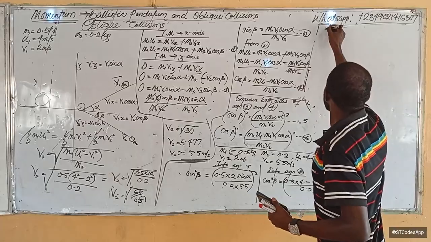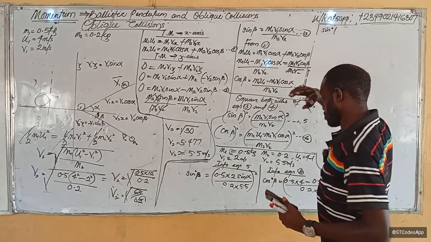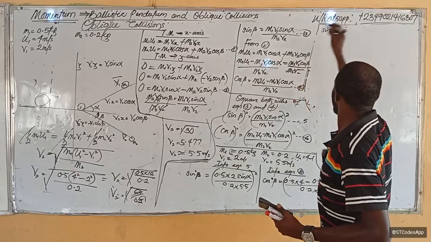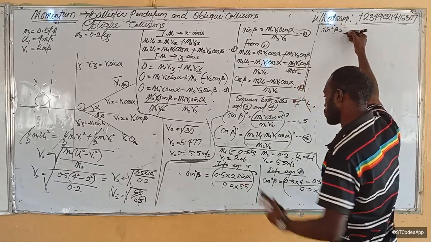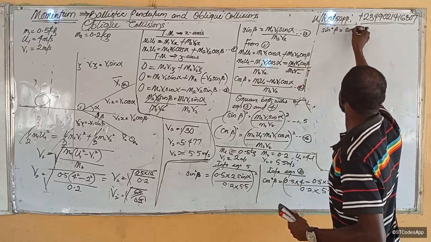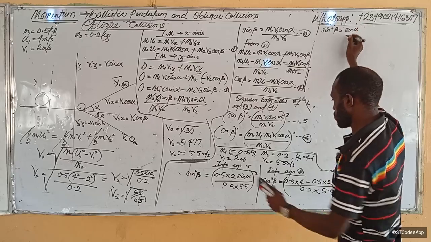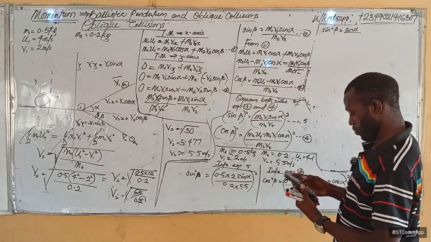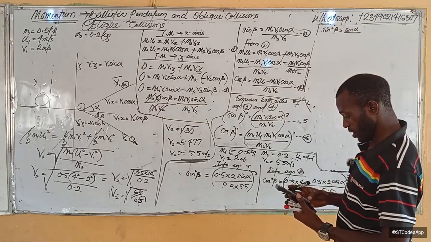So that one becomes sine squared beta equal to 1 sine alpha over 5.5 times 0.2.